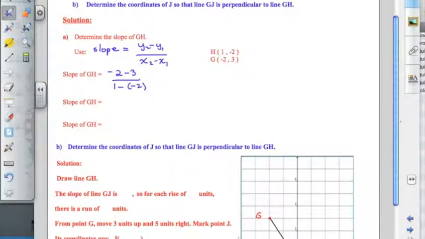Negative 2 subtract 3 is negative 5, and 1 subtract negative 2 is the same thing as 1 plus 2, which is 3. So the slope of GH is negative 5/3.